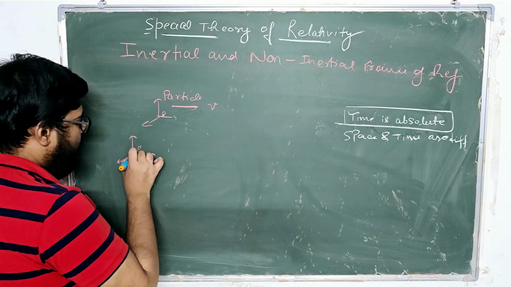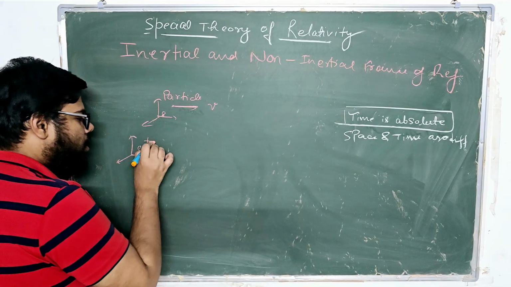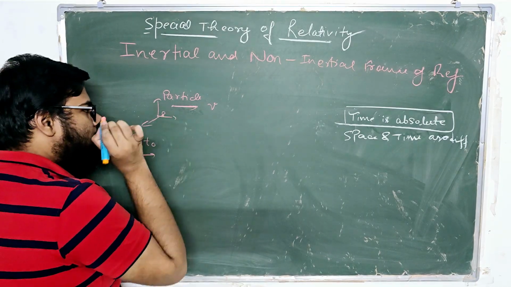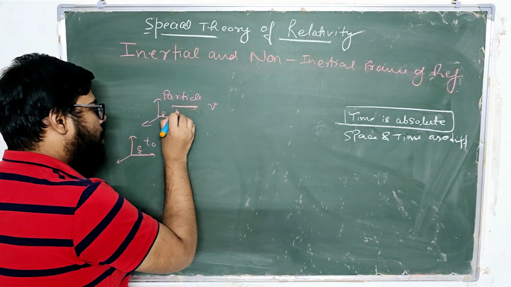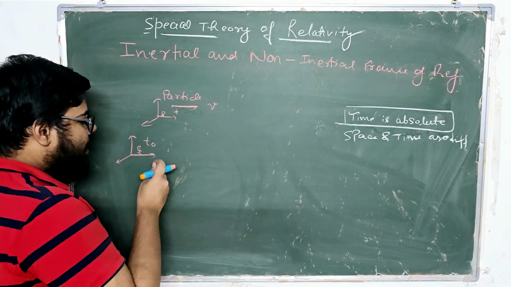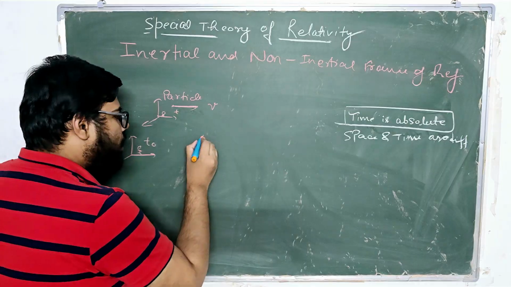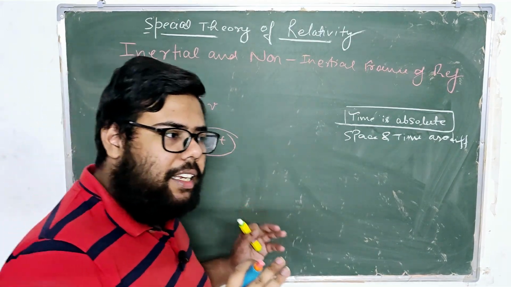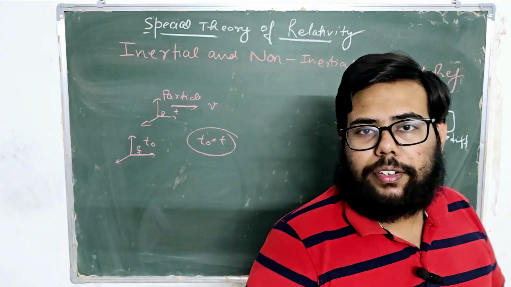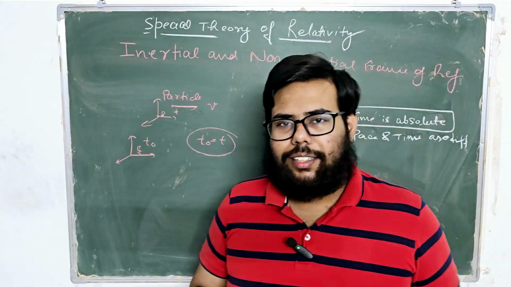Suppose he measures a time t0 and the observer in this frame measures a time t, then the relation between t0 and t is t0 is equal to t. That is, time is invariant of frame of reference, velocity or anything.